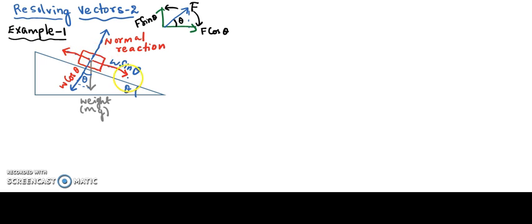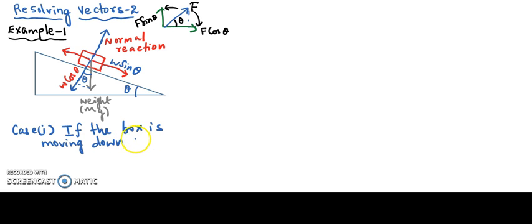Now there are so many possible cases. One case can be if the box is moving down. So let us say case 1, if the box is moving down, and the force of friction is 0, let us say. No friction.